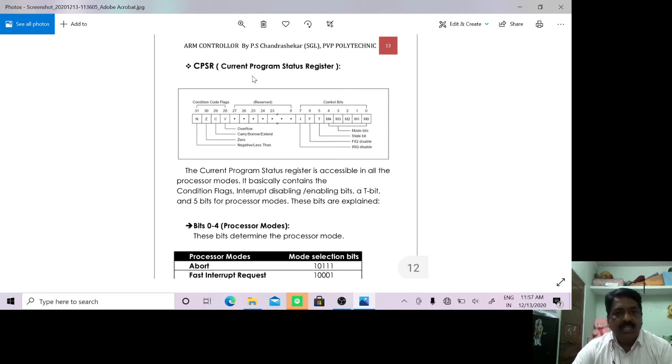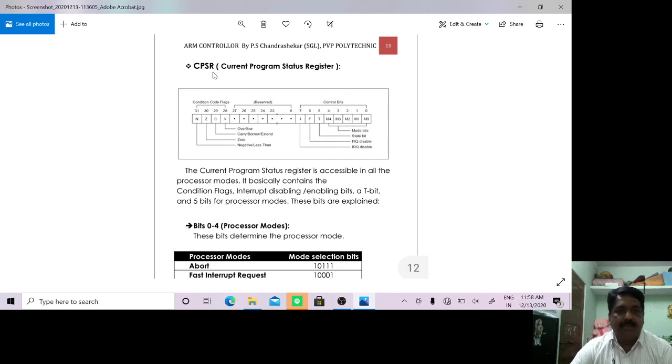I told you it is a current program status register. That means whichever program or mode the processor is currently engaged in, this flag register represents that. So the current program status register is used in user mode and also in the privileged modes. How is the current program status register used in all the modes?